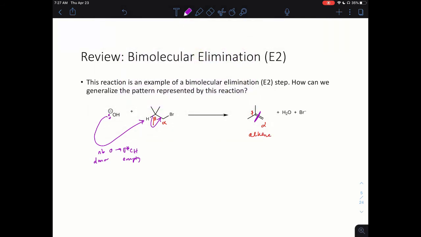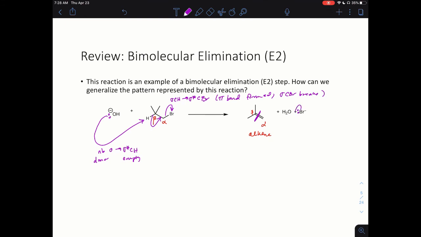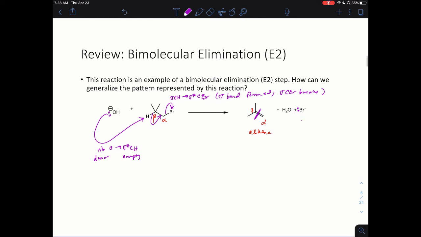And then when you do that, you're filling up sigma star CBr, right? You're having the sigma electrons attack sigma star CBr. This is how that pi bond is formed, and the sigma CBr bond breaks. Those electrons that were in the CBr bond end up with bromide. Okay, so here's our leaving group.